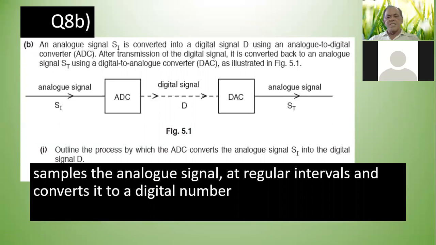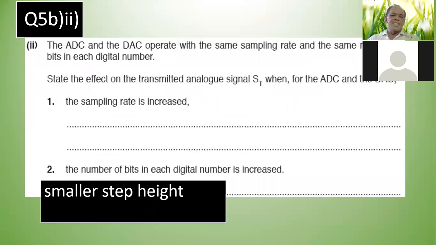Sample the analog signal at regular intervals and convert it to a digital number. The ADC and the DAC operate with the same sampling rate and the same number of bits in each digital number. State the effect on the transmitted analog signal ST when, for ADC and DAC, the sampling rate is increased.